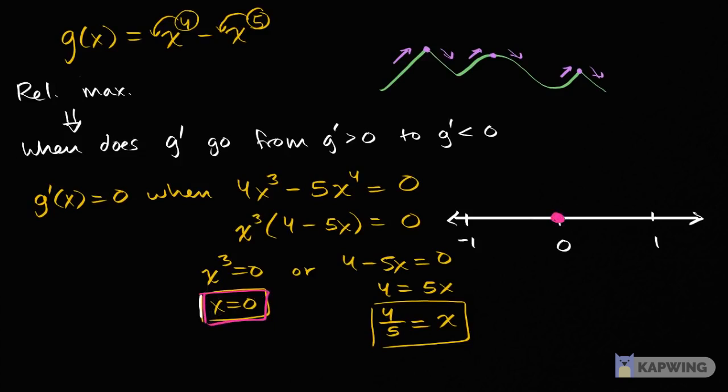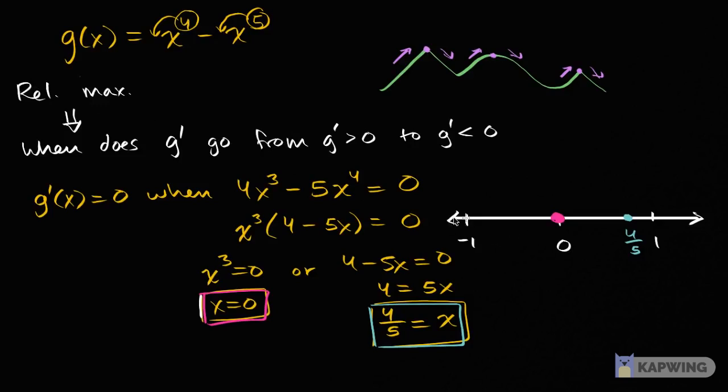And then we have another critical point at x equals 4/5. So 4/5 is right around there. And let's just think about what g prime is doing in these intervals. And these critical points are the only places where g prime might switch signs.